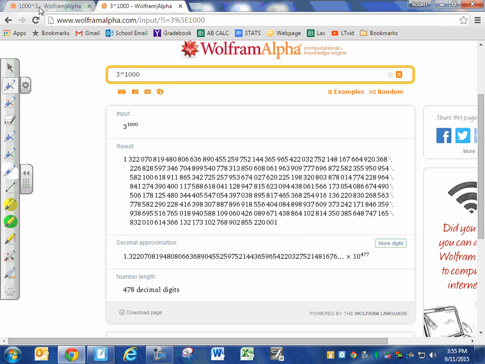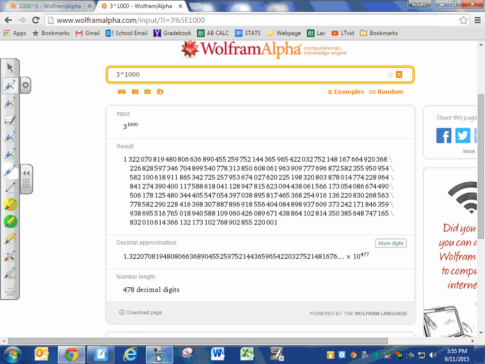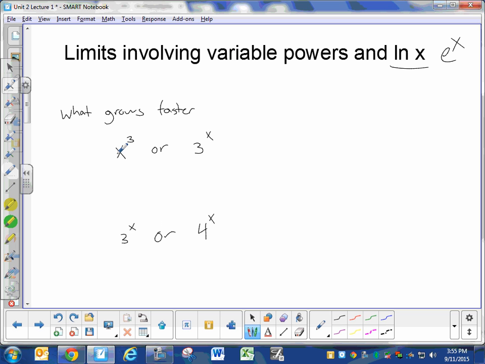So obviously, if we're only plugging in 1,000, which is a small value in the relative scheme of big values, it's obvious this is going to grow faster. So it turns out a number to a power is going to grow much, much faster than a variable to any number.